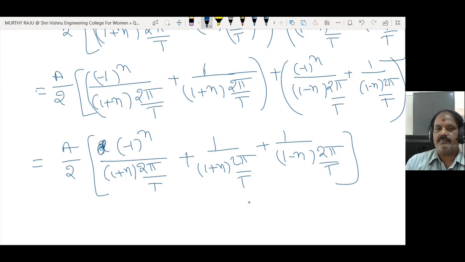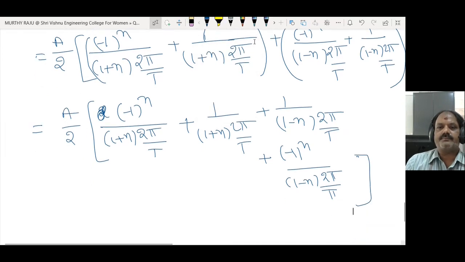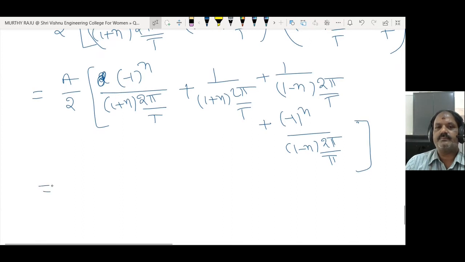One more term is also there. It is plus minus 1 whole power n 1 minus n by 2 pi by t and 2 pi by t.